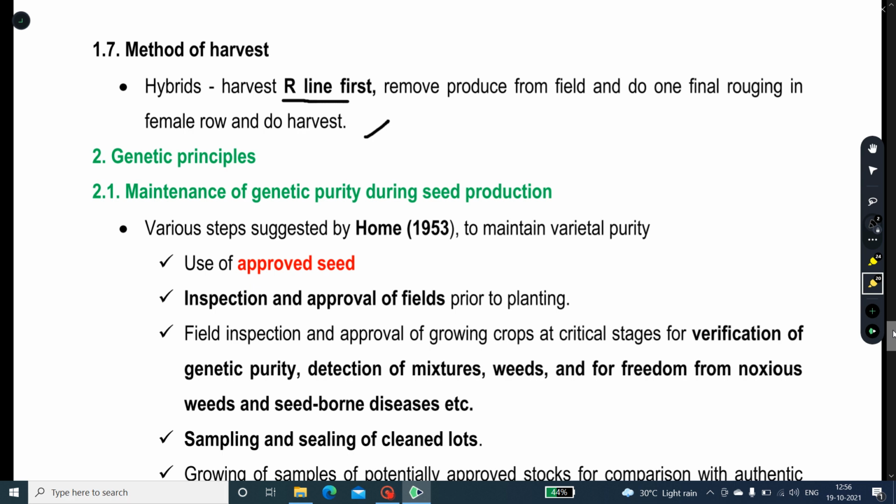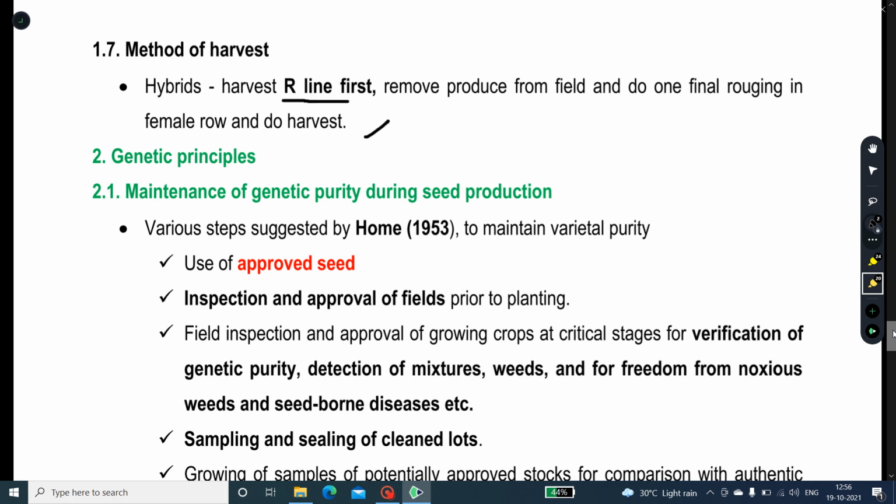There are two scientists who explained the genetic principles of seed production. The first is Home in the year 1953, and Hartmann and Kester in 1968. Maintaining high levels of genetic purity during seed production is suggested by these authors.